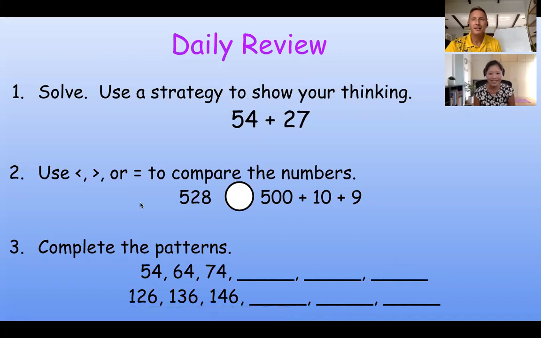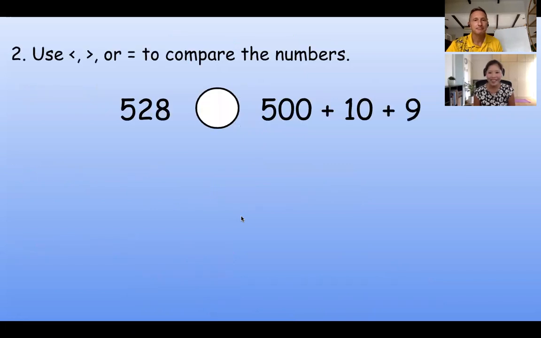So yeah, for our greater than, less than, what did we think, Miss Yuka? If you can go to the next slide. So I think what you have to do, can you click on the next slide? Okay, great. Yes, we have 528, but on the other side, you have the expanded form. So 500 plus 10 plus 9. Mr. Regan, can you click? I got 529.